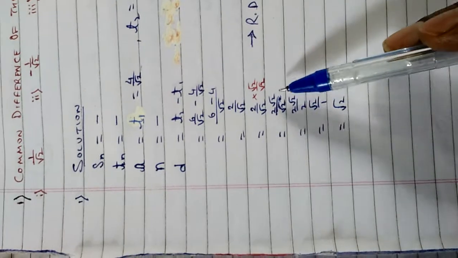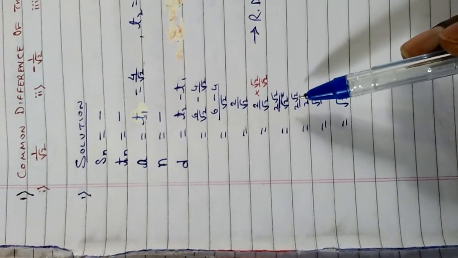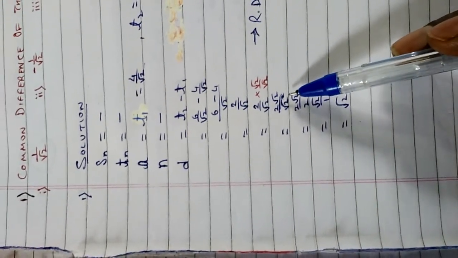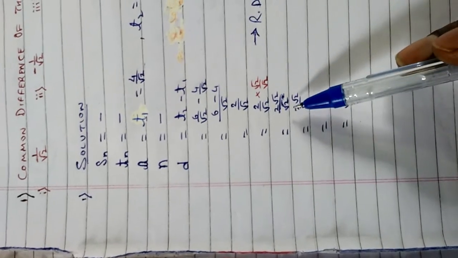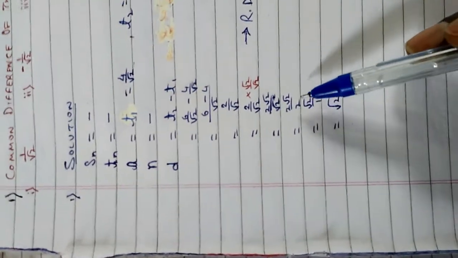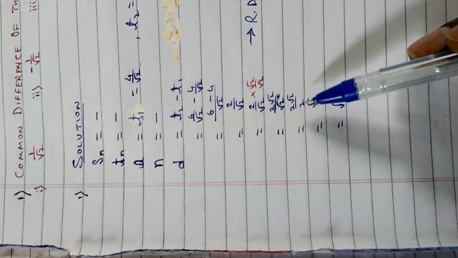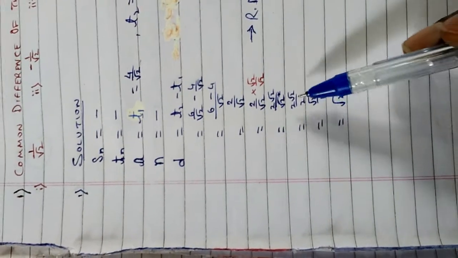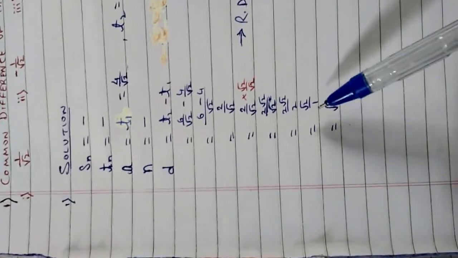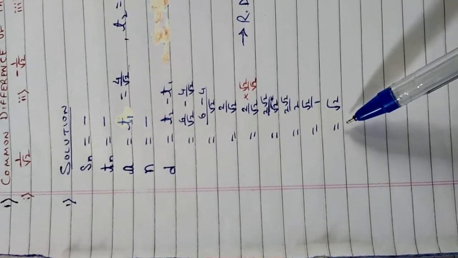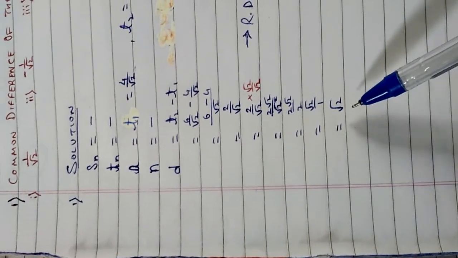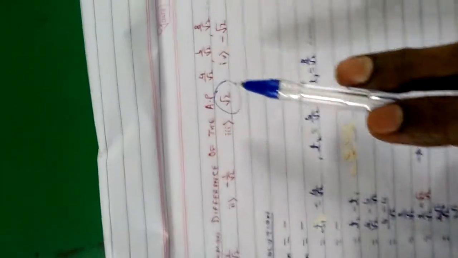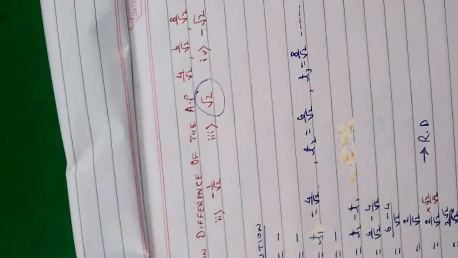We get 2 root 2 upon root 2 square. So square and square roots get striked off. Left over is 2 root 2 upon 2. Again 2 is striked off. Left over is root 2 upon 1, which means root 2. So the right answer is root 2.